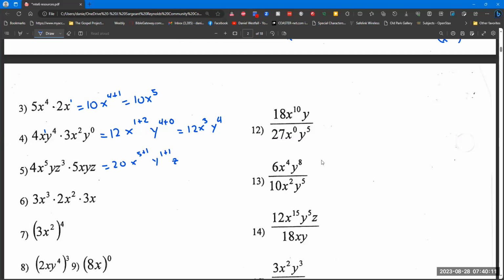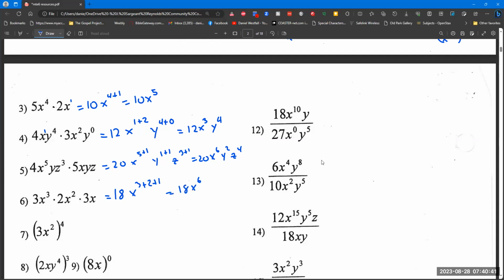Z to the 3 plus 1 is 20x to the 6th, y to the 2nd, z to the 4th. 3 times 2 is 6. 6 times 3 is 18. X to the 3 plus 2 plus 1 is 18x to the 6th.